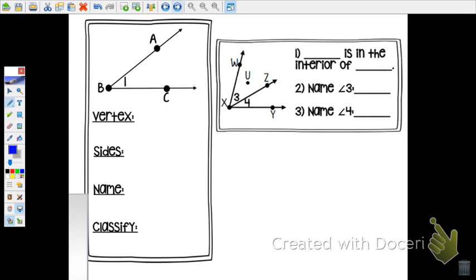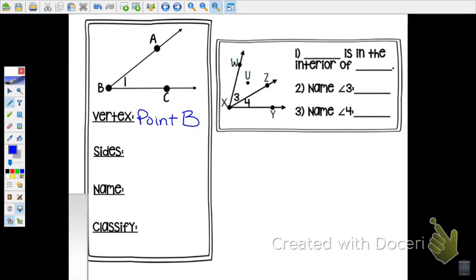That same endpoint that they share is what we call the vertex. So in the example that they show us, angle ABC, the vertex is that point B. The two sides of the angle are those two rays.